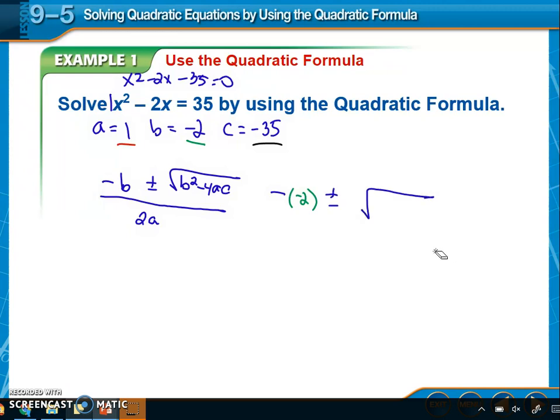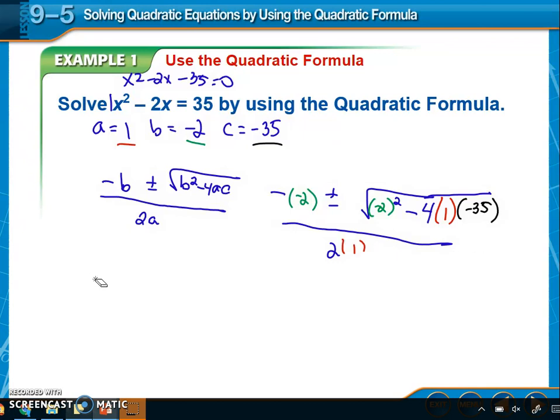B squared is negative 2, so we're putting in negative 2 again, minus 4 times a, 1, and times c, which is negative 35. Okay, so that whole thing gets those under the square root, and we're dividing by 2 times a, and then we go through and simplify everything we can.